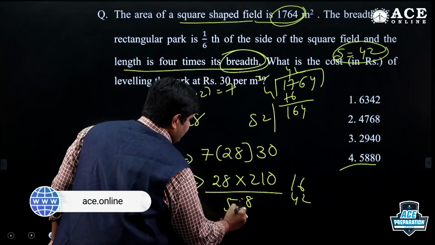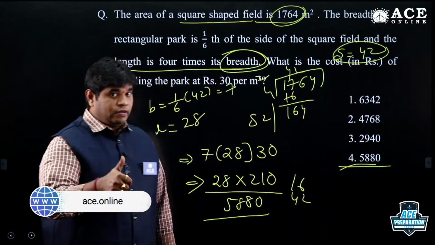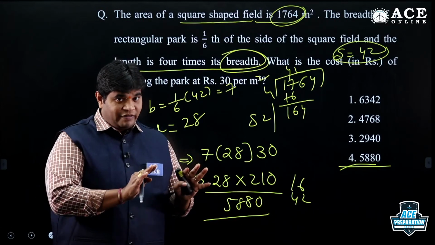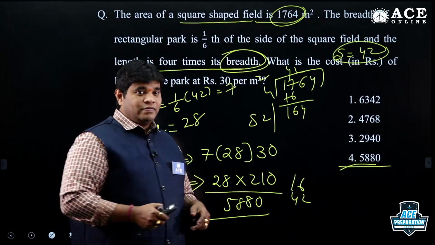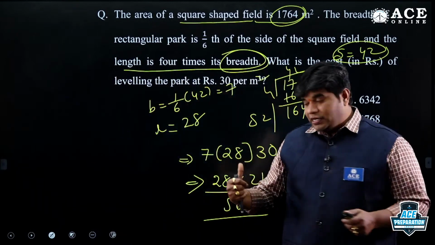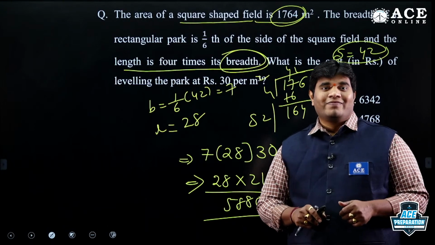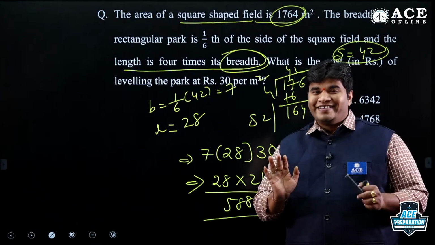So 5880, 5880. We are getting the same answer. Okay, friends. I hope until now each and everyone is getting it. Once again, observe this concept. Okay, friends. Just a 3 minute small break. Again, we are back.